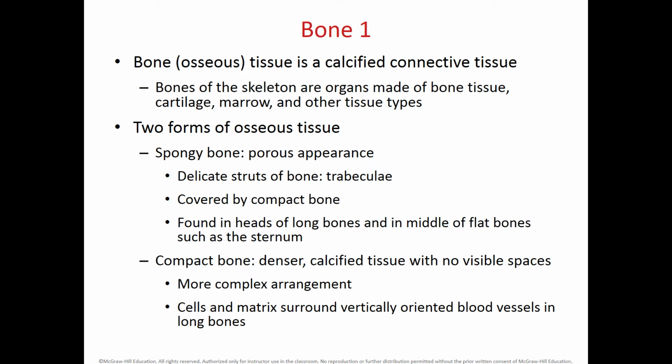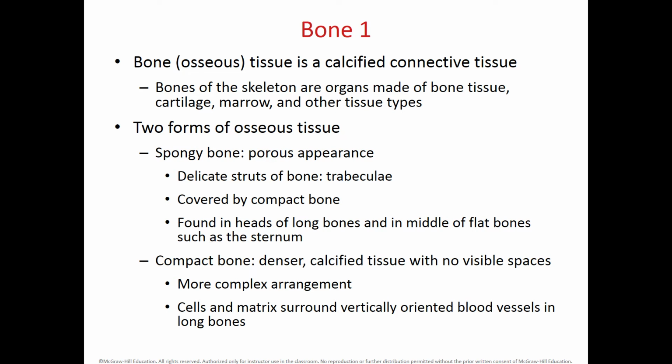So where do we have these spongy bones? At the ends of long bones and in the middle of a bone type that we call flat bones, like the one that we have in the anterior area of our thoracic wall that we call the sternum. Within this spongy bone, we have struts of bone that we call trabeculae.